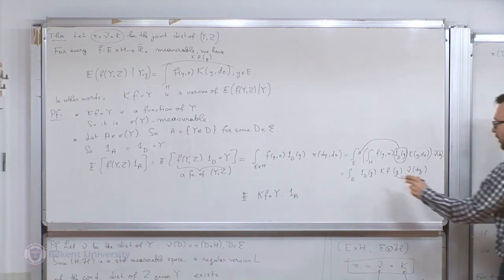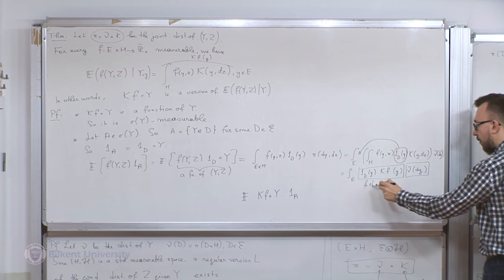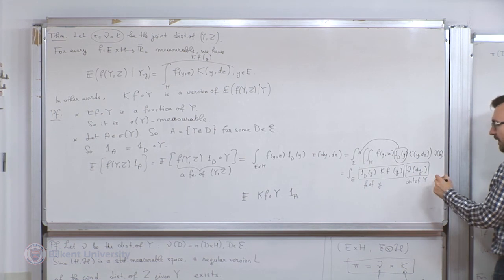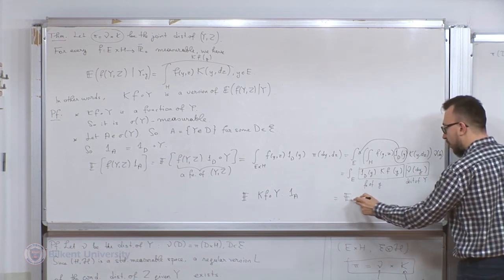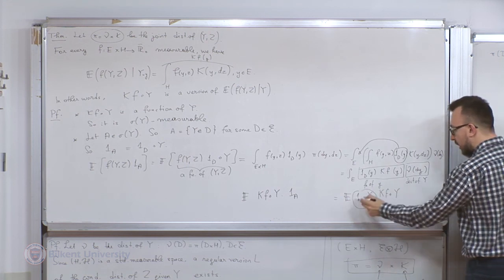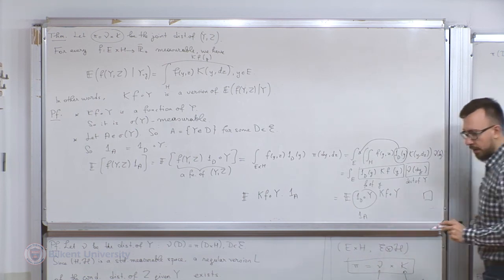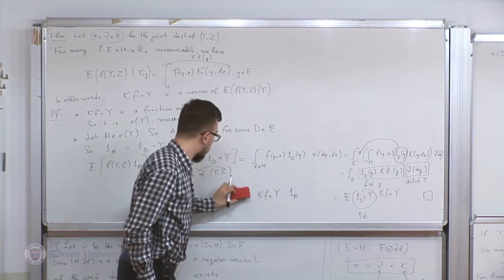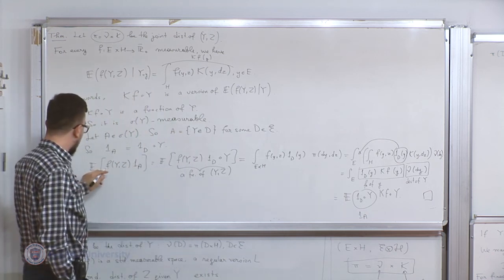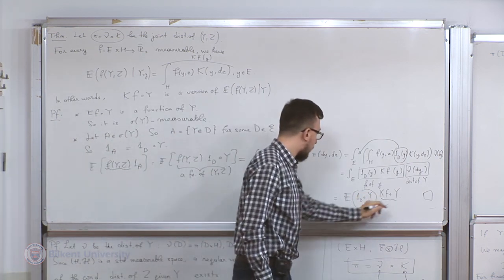So now this is a function of y, and this is the distribution of capital Y. Therefore, I can see it as the expected value of indicator D at Y times kf at Y. And this is just indicator of A, so we got what we want. We got what we want because this was the equality that we would like to prove, right? Something times indicator of A, something times indicator of A.